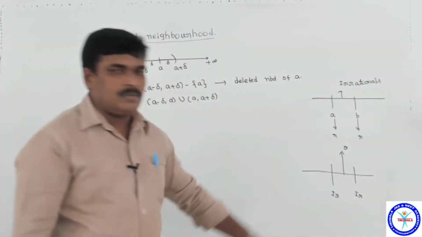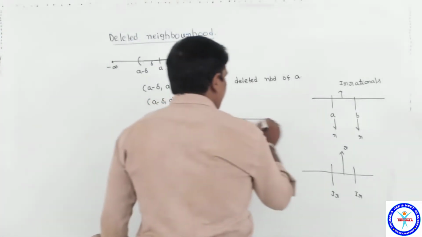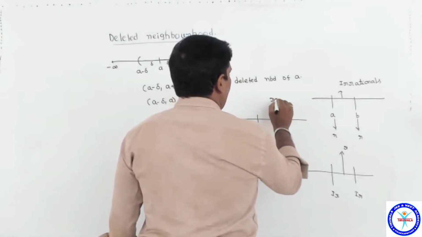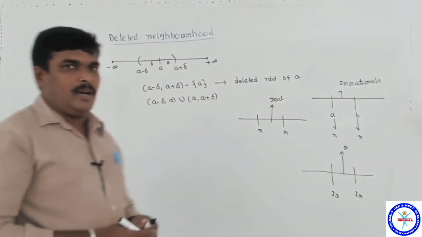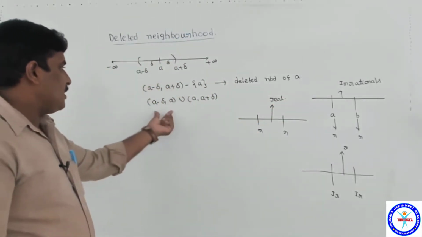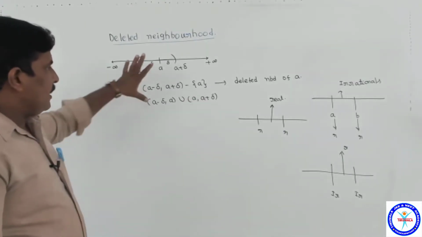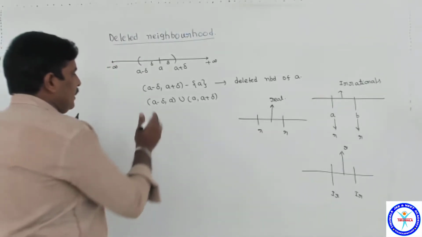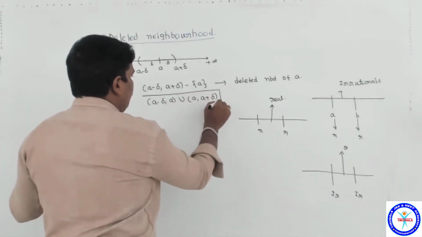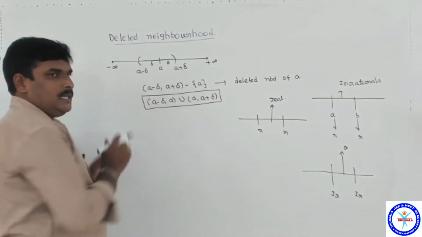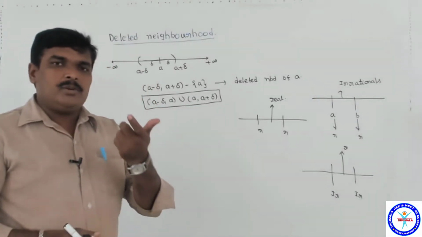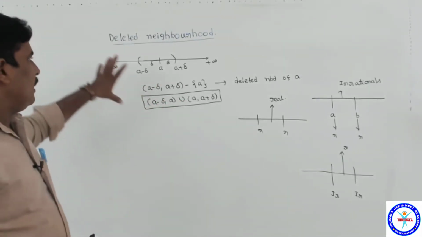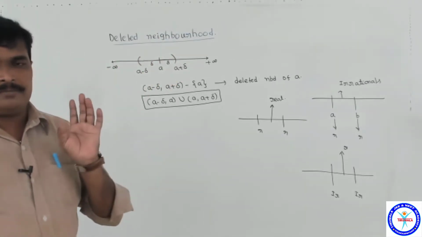Now by joining these two properties, we get infinitely many real numbers. So this is the deleted neighborhood of A. If it is an integer line, the deleted neighborhood is the empty set. So deleted neighborhood means the set of all points on the real line at a delta distance from left and right except A. This is called the deleted neighborhood of A.